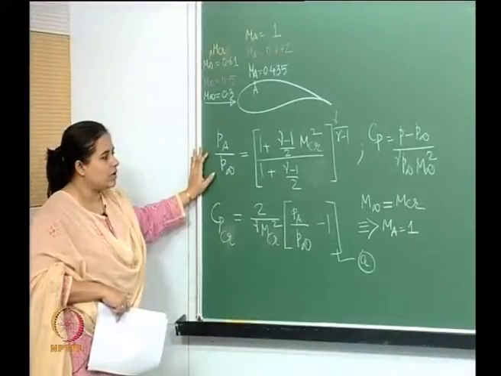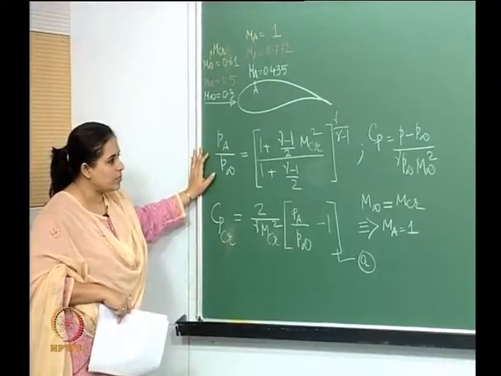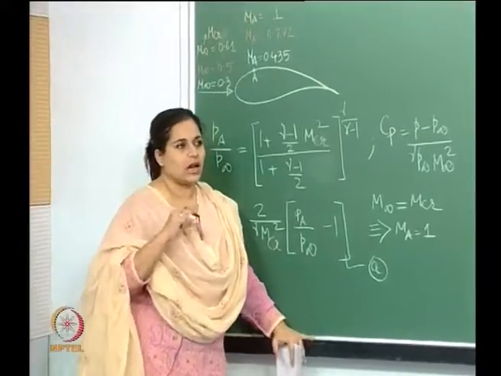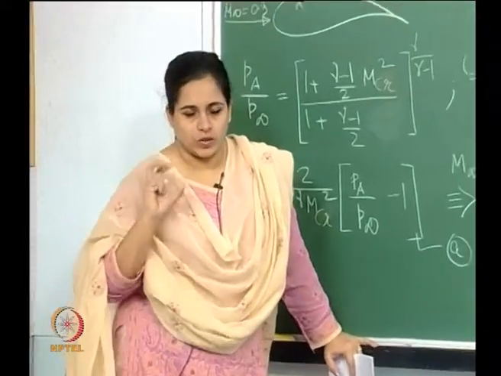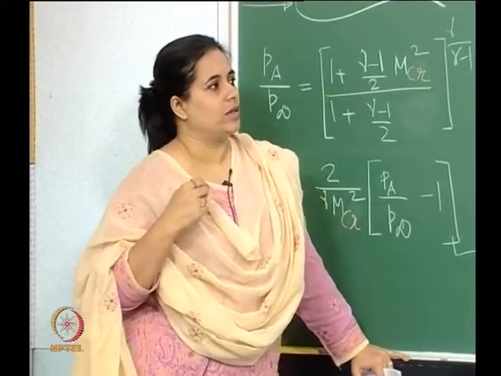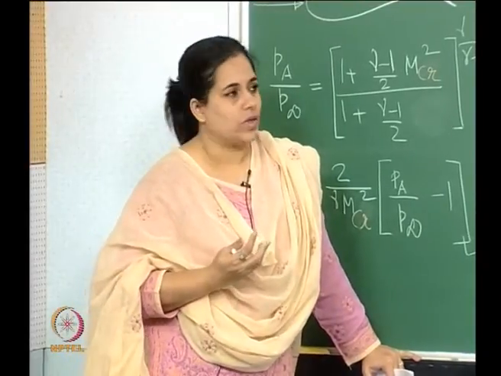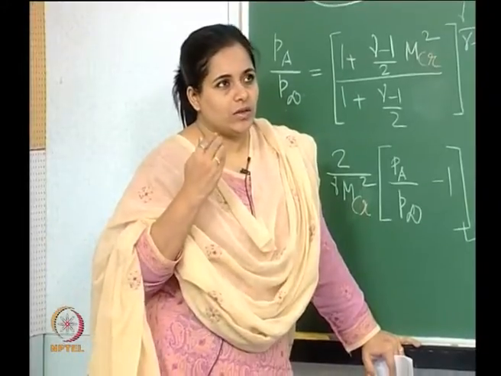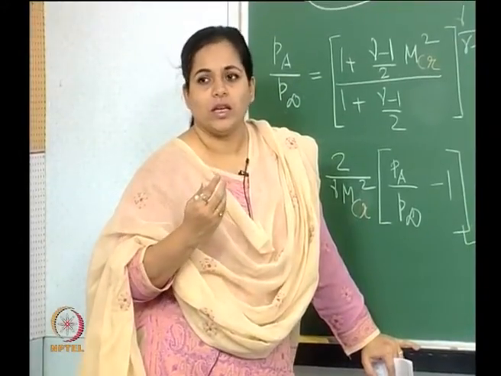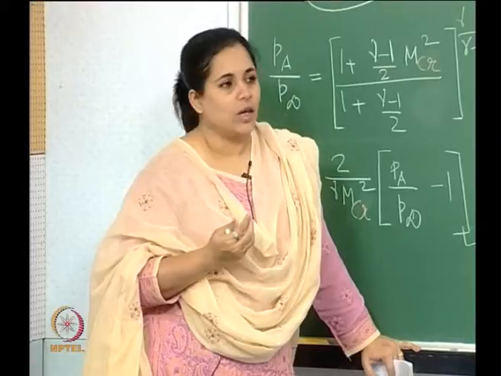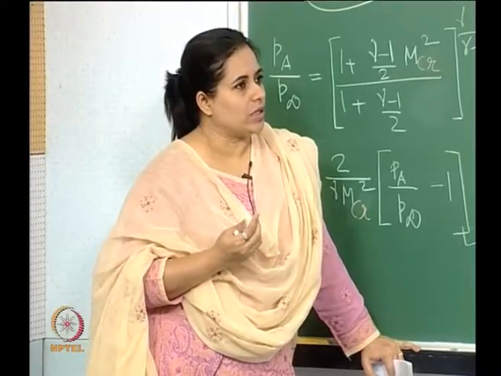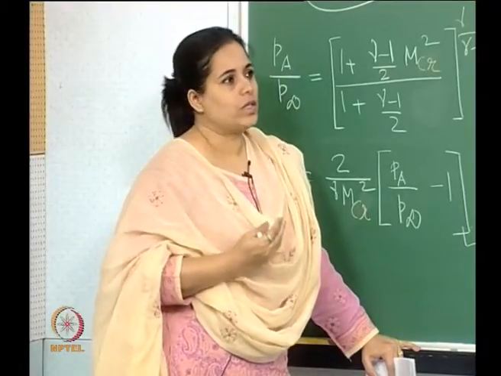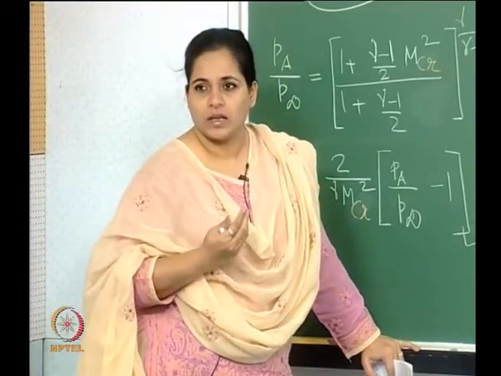Now it is important to understand here that if you remember when we started doing linearized theory, and we took small perturbations, we got the acoustic equations, in which we got a wave traveling at the speed of sound.